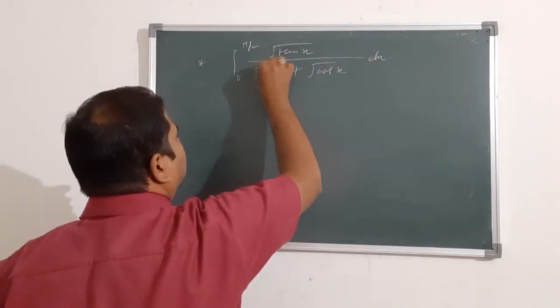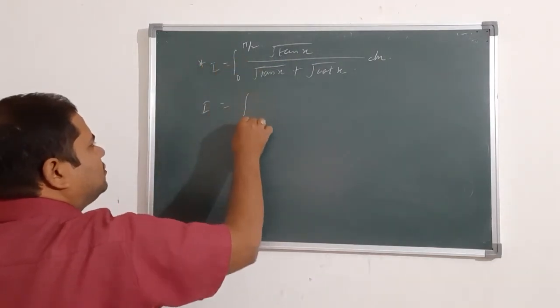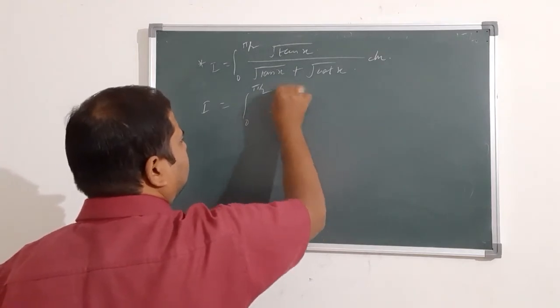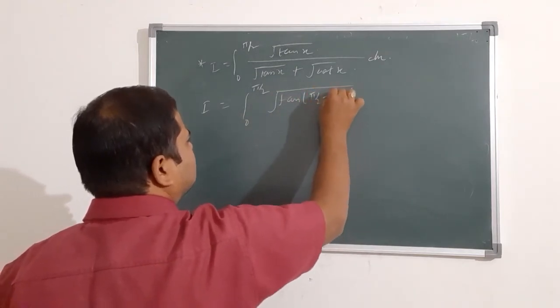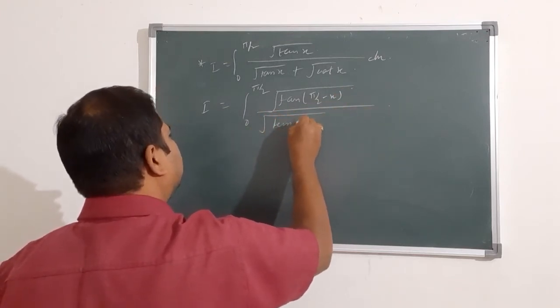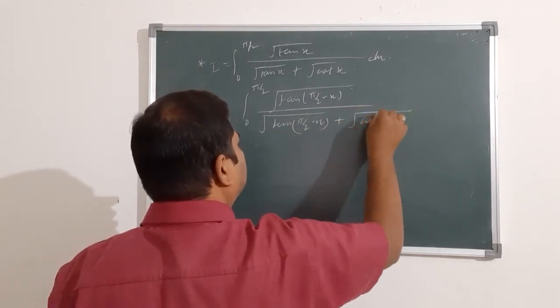Okay. Now I is equal to this one, so I is equal to integral from 0 to pi by 2 of root tan of pi by 2 minus x upon root tan of pi by 2 minus x plus root cot of pi by 2 minus x.